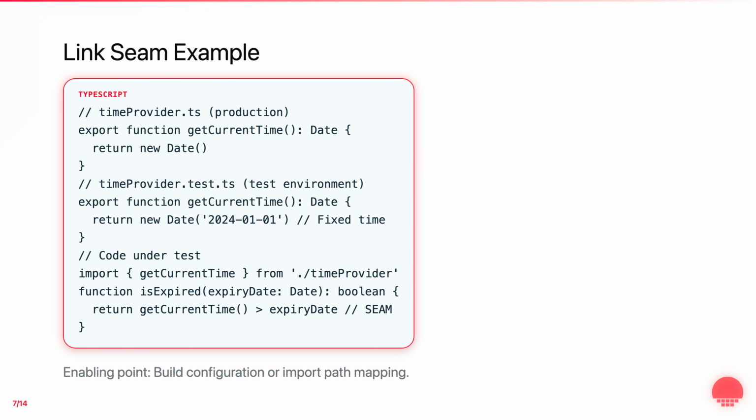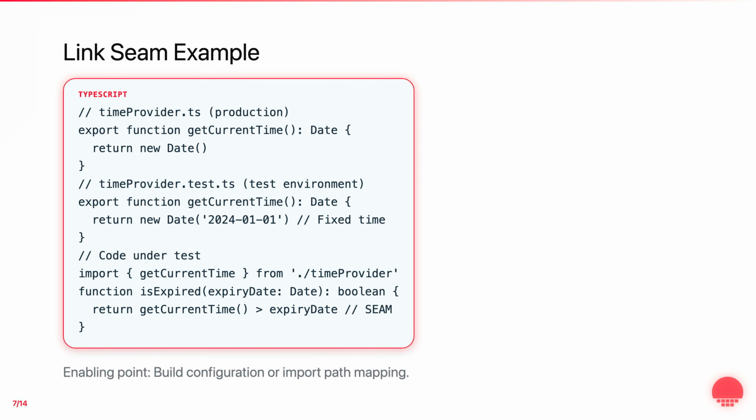Feathers identifies three distinct types of seams, and they're not created equal. Object seams, using polymorphism and dependency injection, are your go-to in modern languages. That constructor or DI container is your enabling point. Link seams work at build time, swapping entire modules through build configuration, useful for JavaScript or C++ libraries.